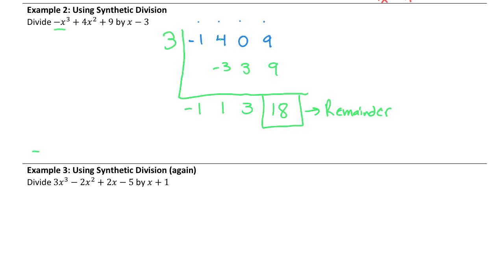So this is negative x squared plus x plus 3, plus 18 over our divisor, the thing we were dividing by, 18 over x minus 3. So that's how we write our result.